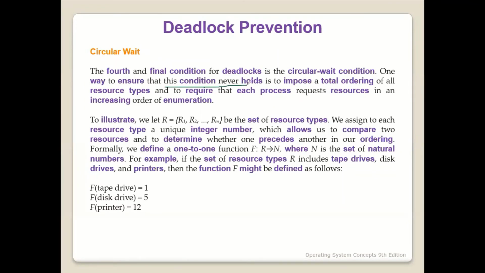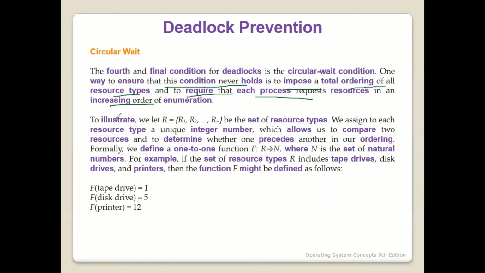One way to make sure is to impose a total ordering of all resource types and to require that each process requests resources in an increasing order of enumeration. Okay, so this is the condition. Let's see in detail.